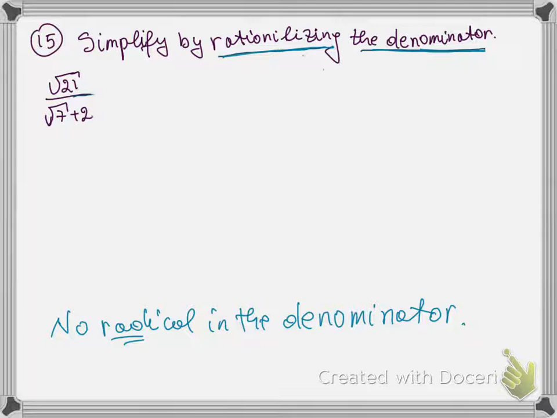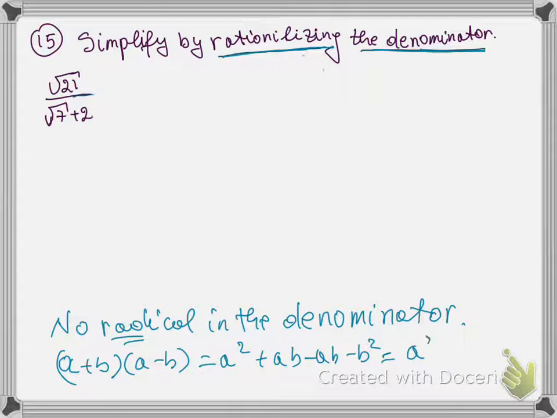So what I'm going to use here is the difference of two squares, and I'm going to write the formula here on the bottom. Remember, if we have a plus b times a minus b, and if we multiply this, we get a squared plus ab minus ab minus b squared. So we'll end up having a squared minus b squared.